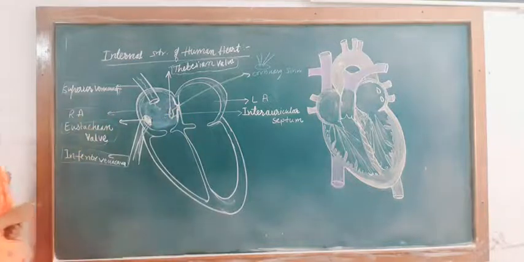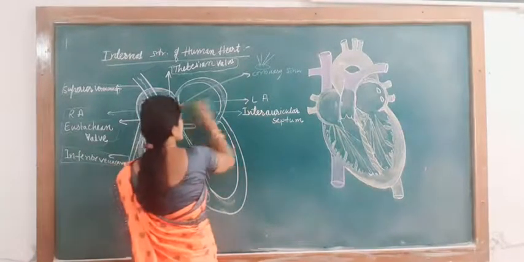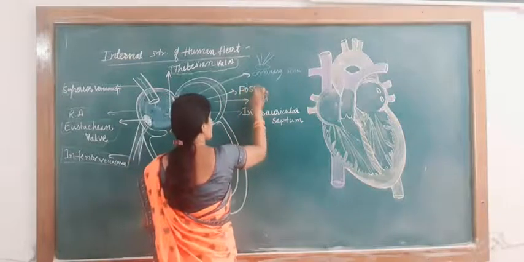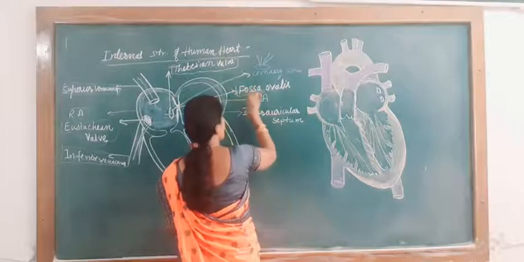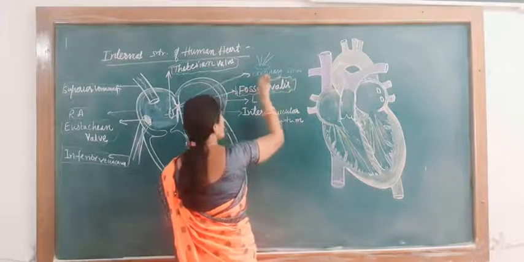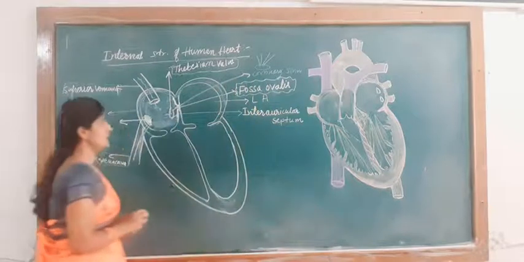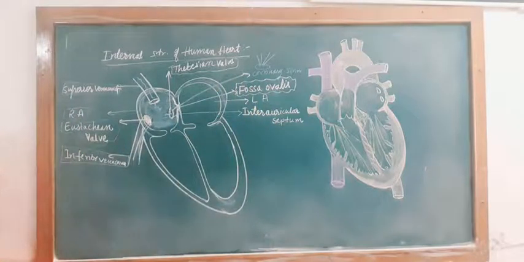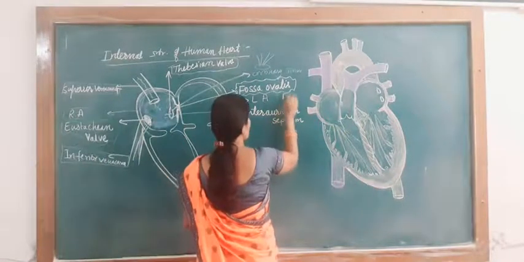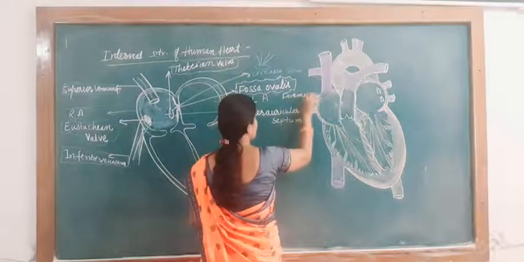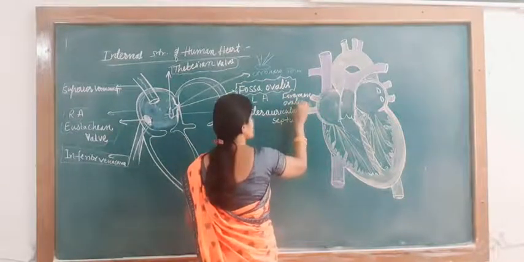What is this depression? This depression is the fossa ovalis. Fossa ovalis is the remnant, the remains, of the foramen ovalis.